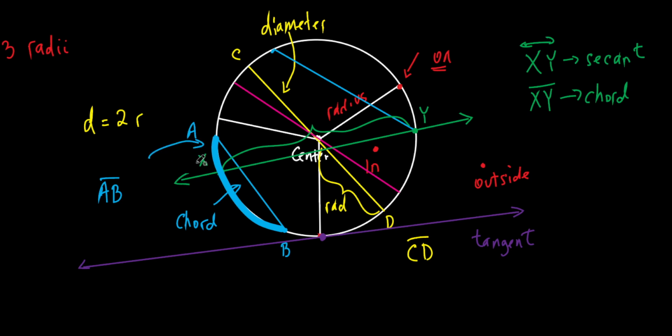This is considered to be an arc. You know how we did a chord? So this is a chord, the line segment AB. Do you see that?